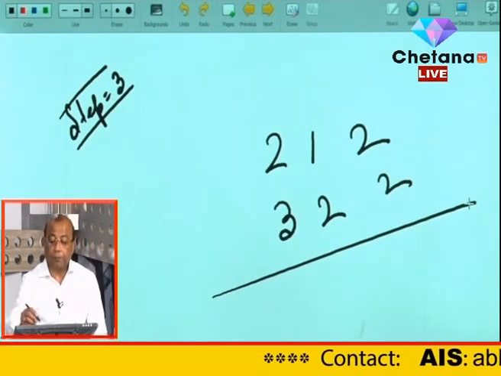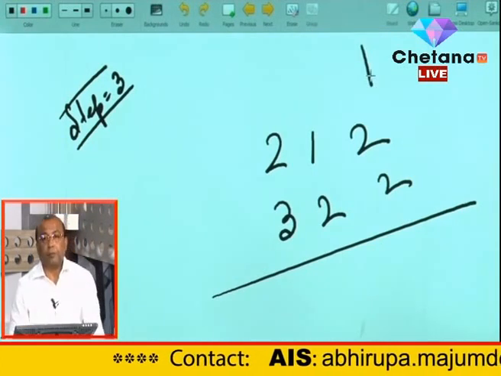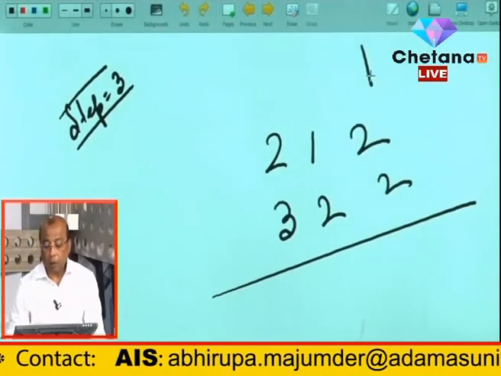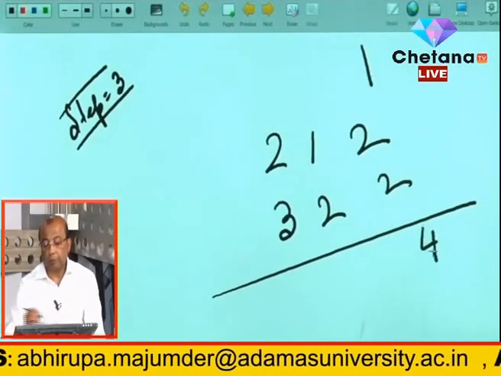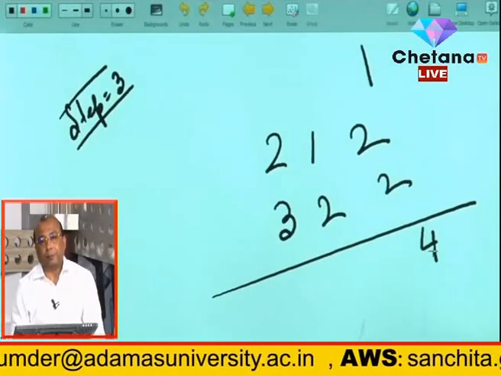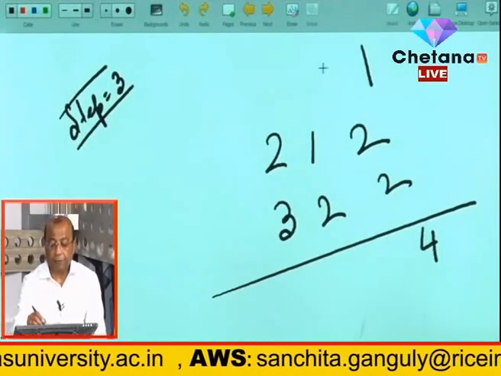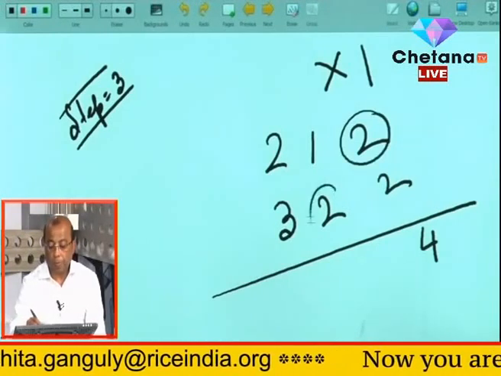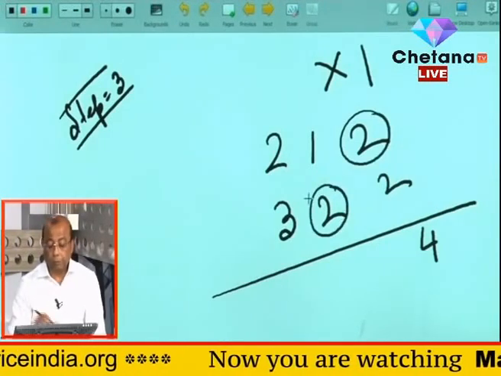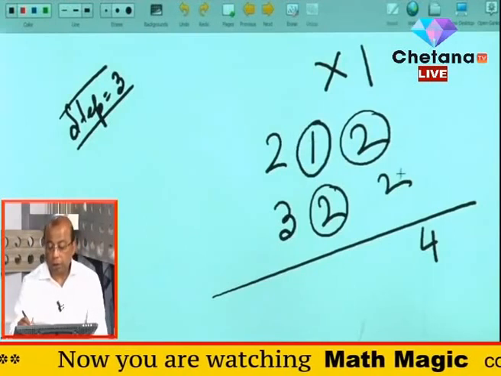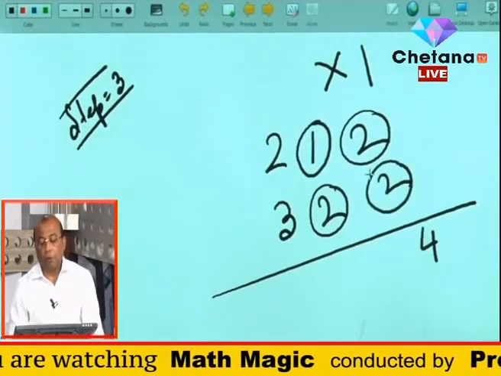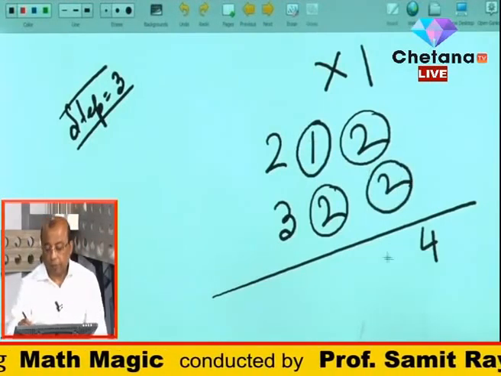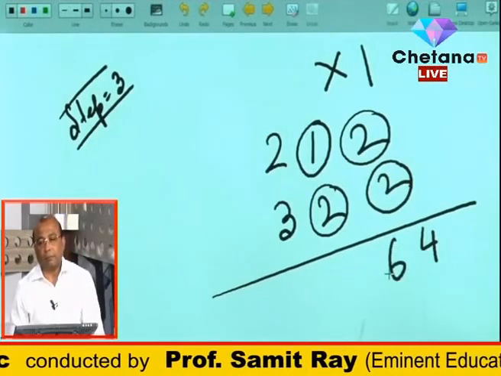First step, that is straight. 2 into 2, 4. Clear? Second step, cross. 2 into 2, 4. 2 into 1, 2. 4 plus 2, that is 6.